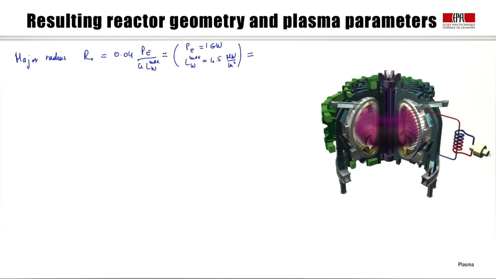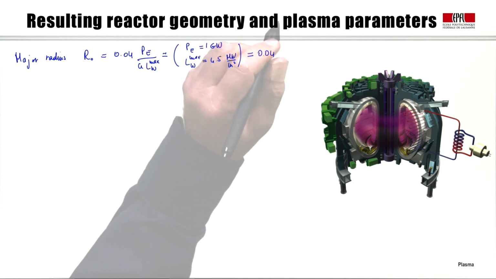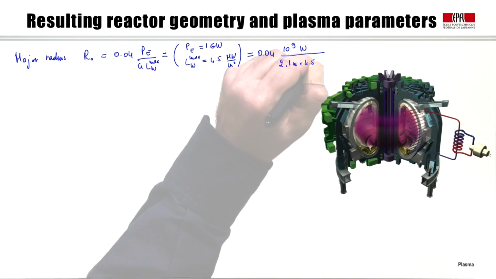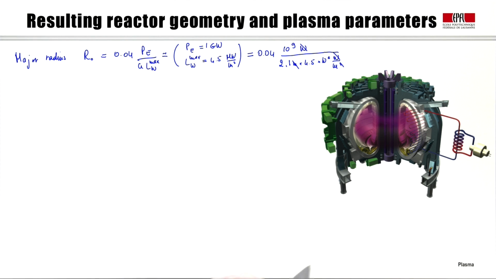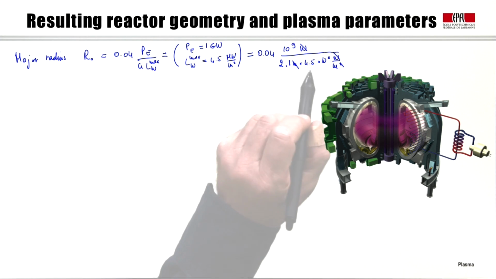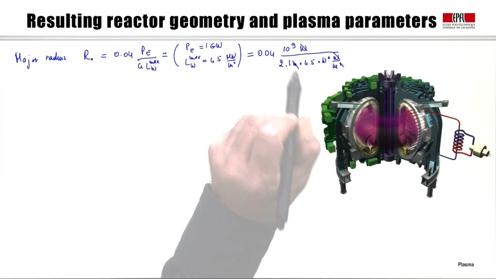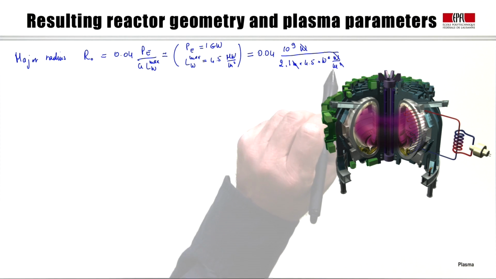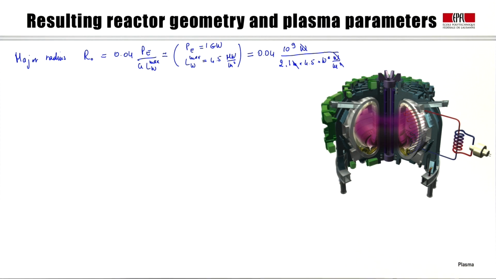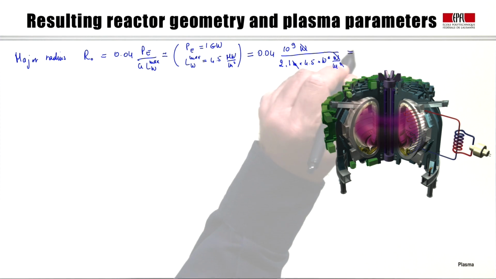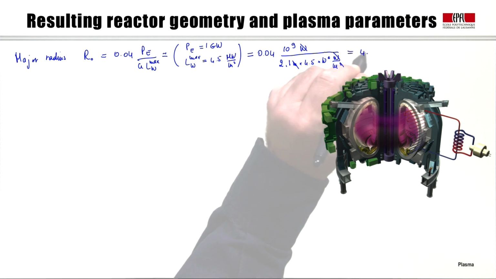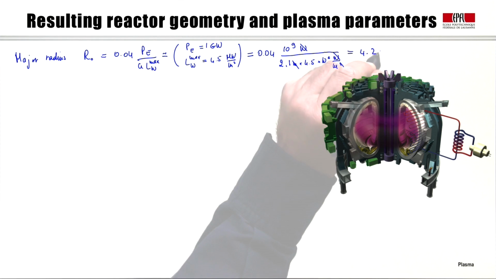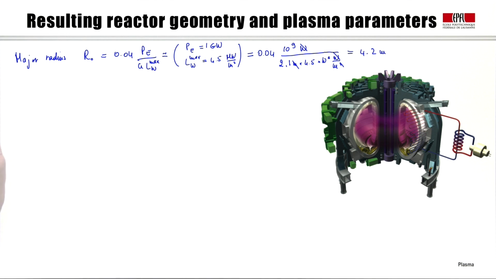So that will allow us to calculate the value of the major radius of our plant, of our tokamak. We have a gigawatt on the top, 4.5 megawatt per square meter at the bottom, 2.1 meters, which is the value of A we found before, and the result is slightly more than 4 meters.